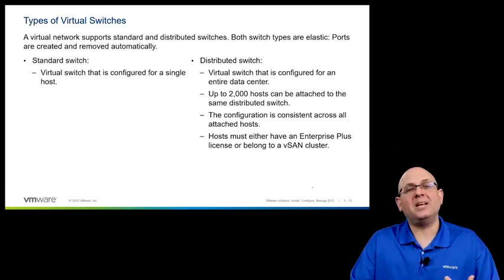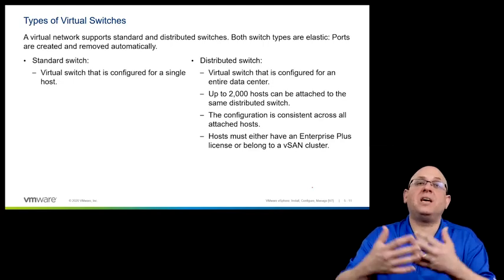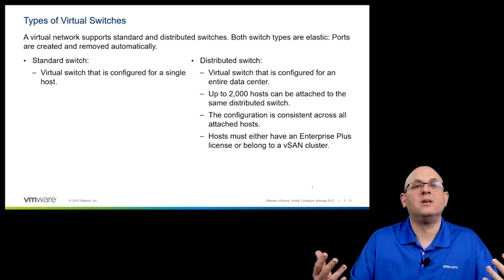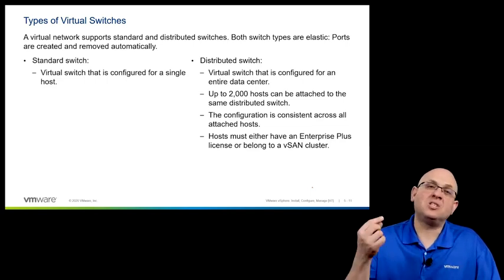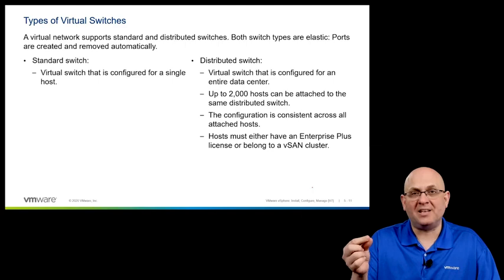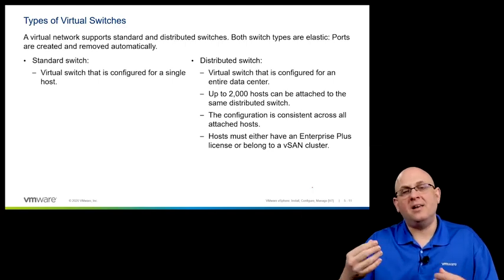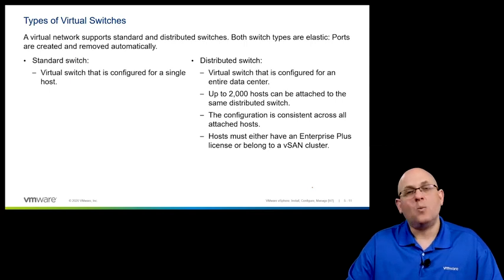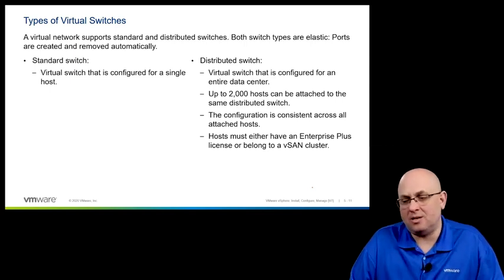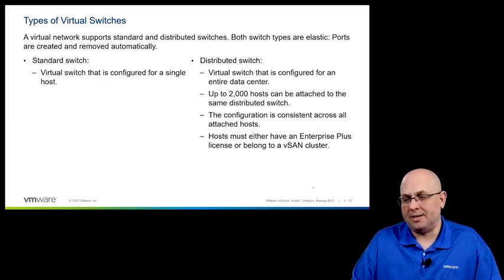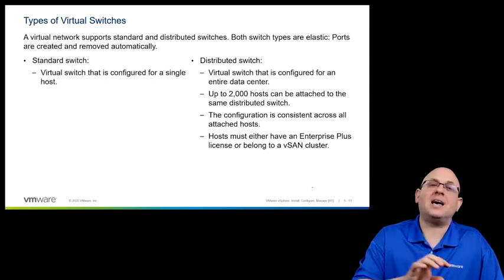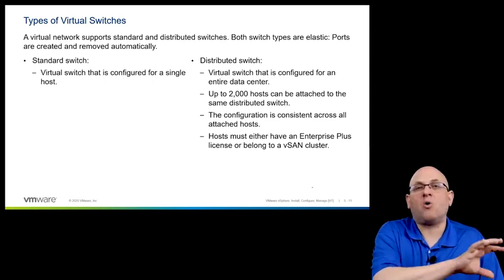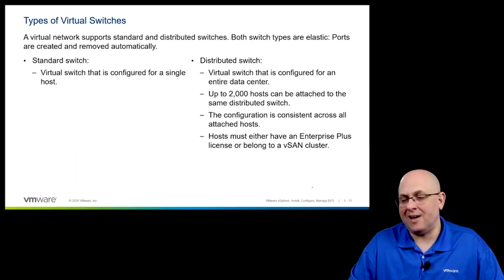So the simple management of a distributed switch, especially in a much larger environment, is so much easier because it's just one single interface that you have to work with, and then that configuration gets passed down to the ESXi hosts. We can actually support up to 2,000 hosts on a single distributed switch, and it maintains that consistent configuration across all of the hosts in the environment.